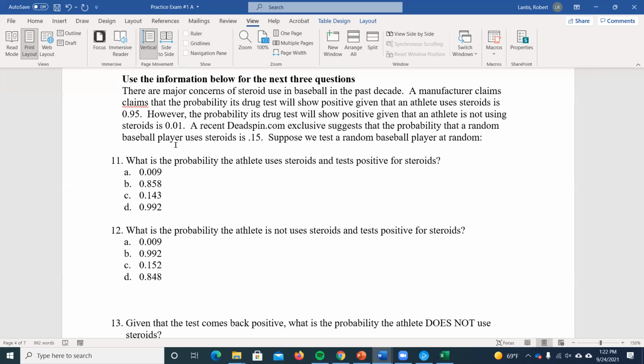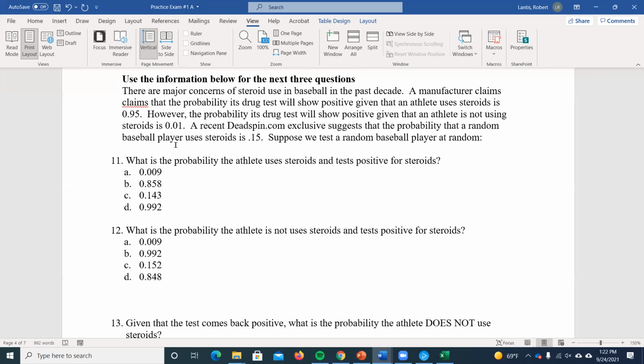So I'll show you where in the formula sheet in just a second this is. But anytime we want the intersection of two events, it's going to be the conditional probability times what we're conditioning on. So this one's a little tricky. And actually, even the way I would write the exam, I'll probably get a little bit tinier than this.